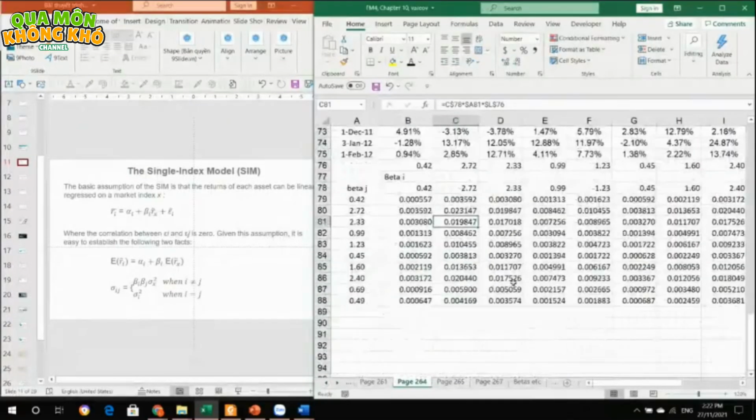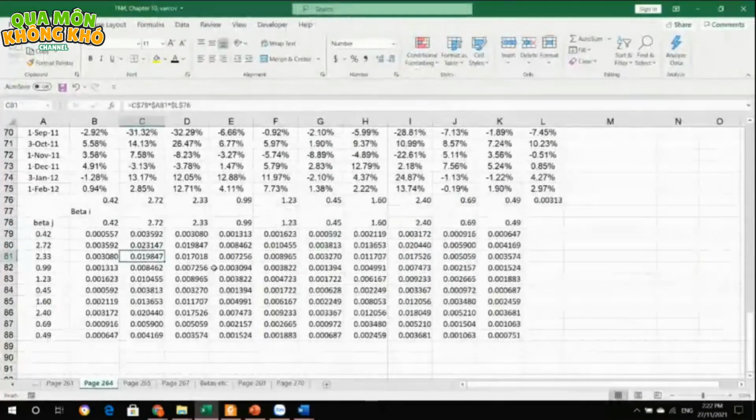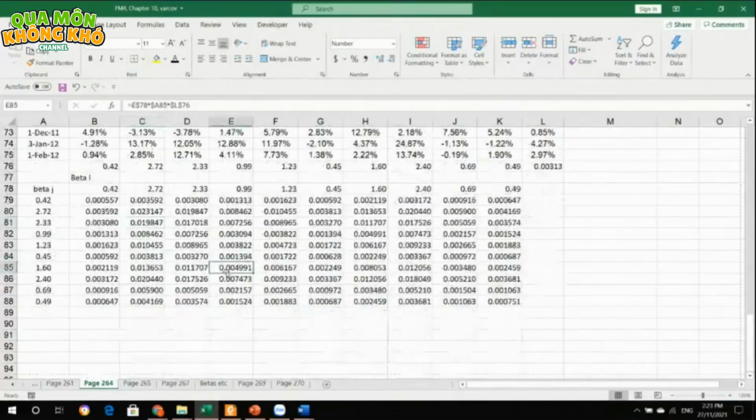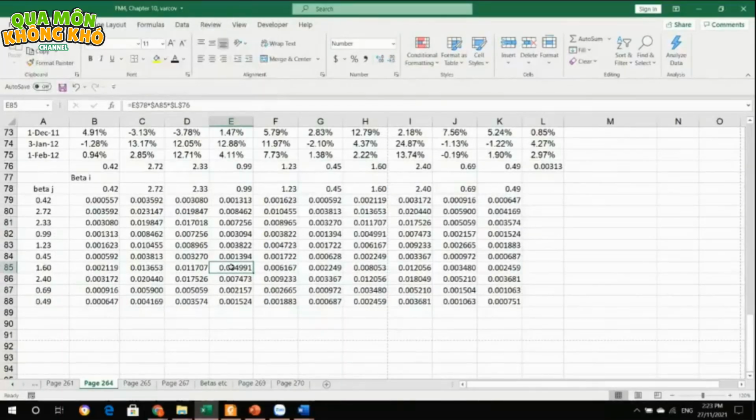So as you can see, we don't need the sim function. And as you know, the sim function is a user-defined function with VBA. In the case where we don't have the VBA code, we just use simple functions in Excel to create the covariance matrix from the approach of the single index model.